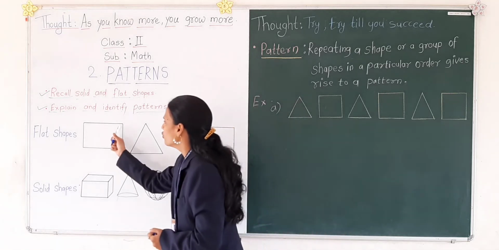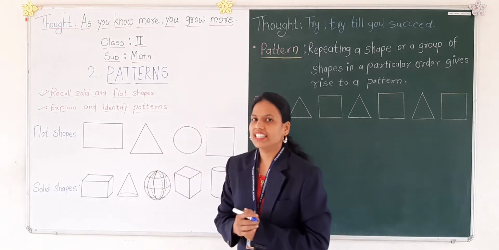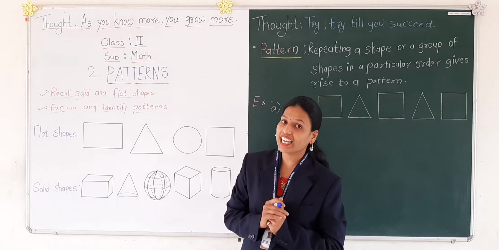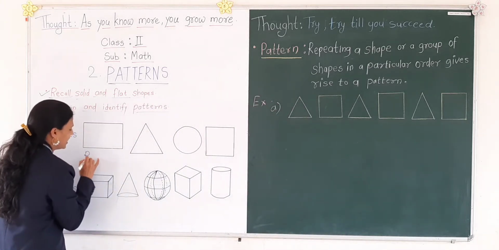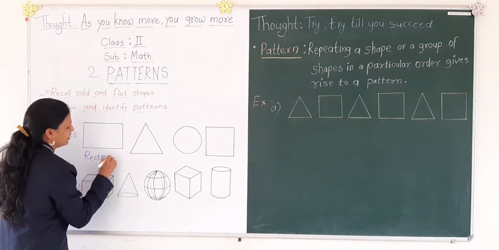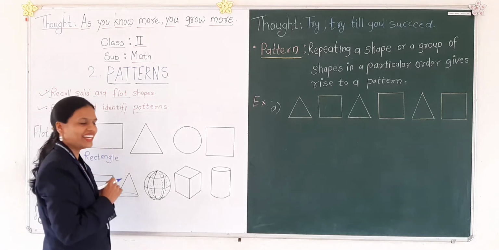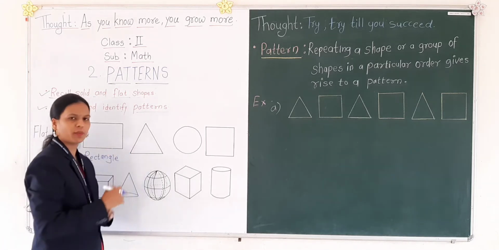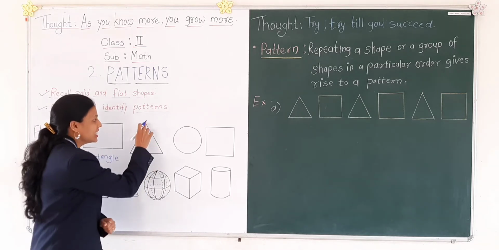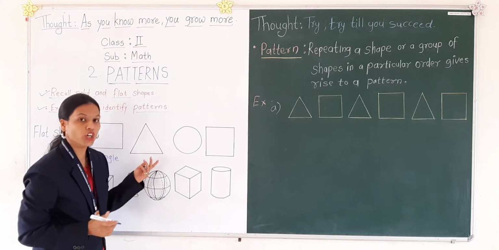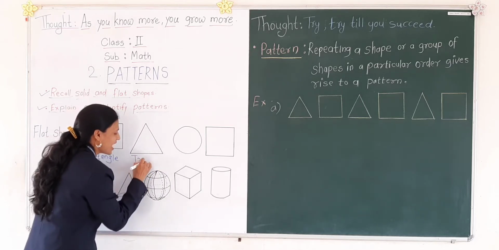Tell me, what shape is it? Just see carefully and say. Very good. It is a rectangle. Alright, very good. The next shape, just see carefully, 3 sides, 3 corners. Very good, triangle.